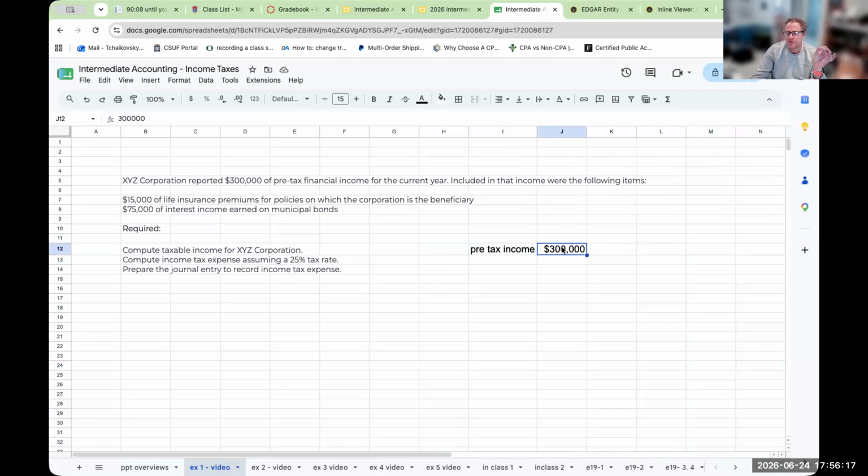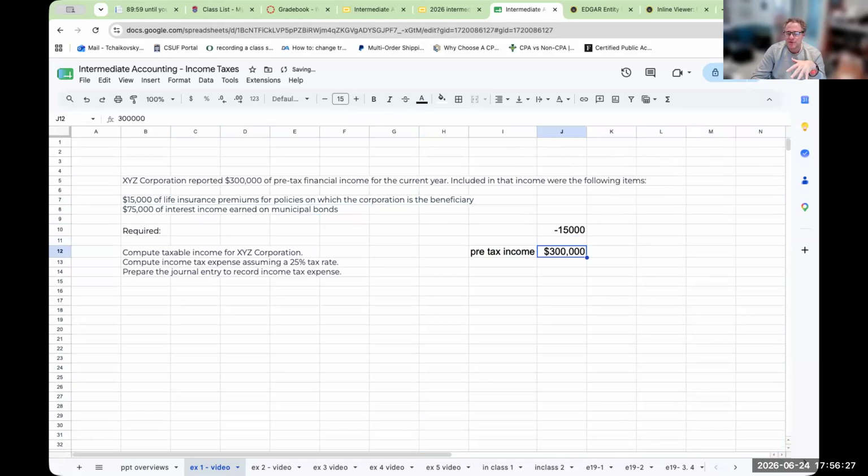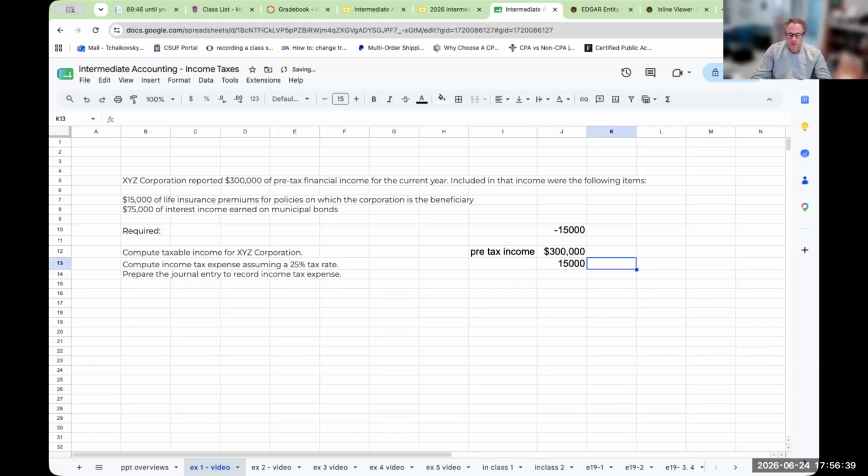Basically, to get to this, we deducted $15,000. Remember, we deducted 15,000 to get to this, because that was a $15,000 life insurance premium for policies on which the company was a beneficiary. But we say no, you can't deduct that. So this 15,000 is an add back. This is a permanent difference. We're not allowed to make that deduction. So this was the life insurance.